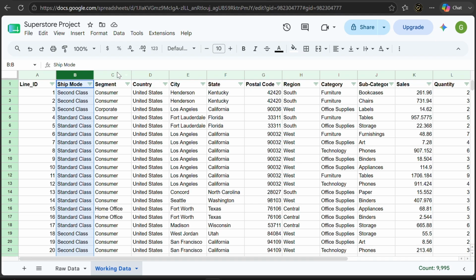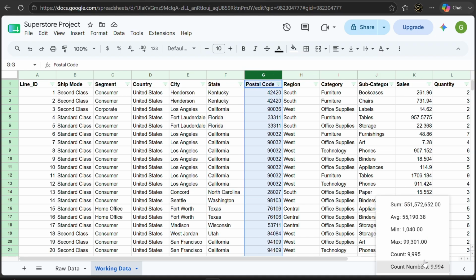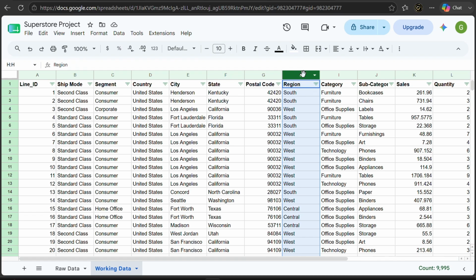9,995 also. Check this column, say 9,995. This is the same thing. Just be taking a look at these counts here. Wherever I click, column E the same, F the same, G the same, 9,995, complete. This is the same category. We already checked that.